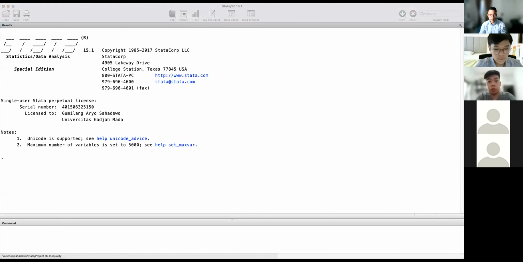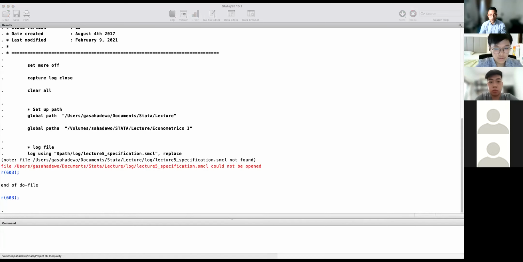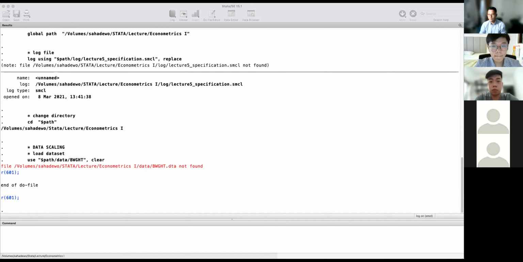Okay, so the data that I'm going to use today is the birth weight. Oops, the data is not there. Let me use this instead. Let me find the data first.